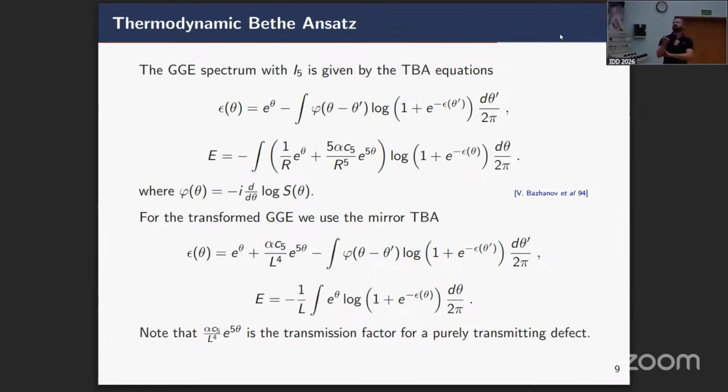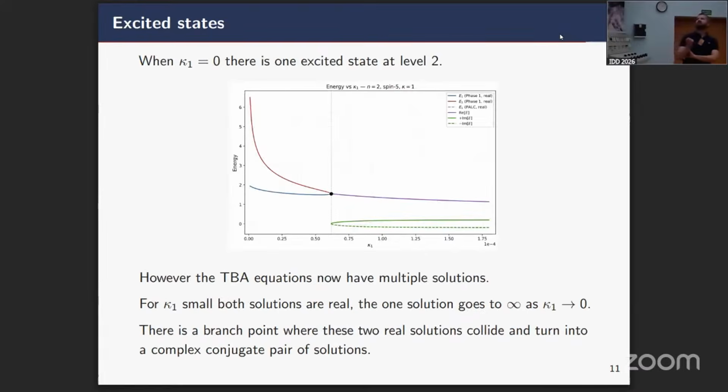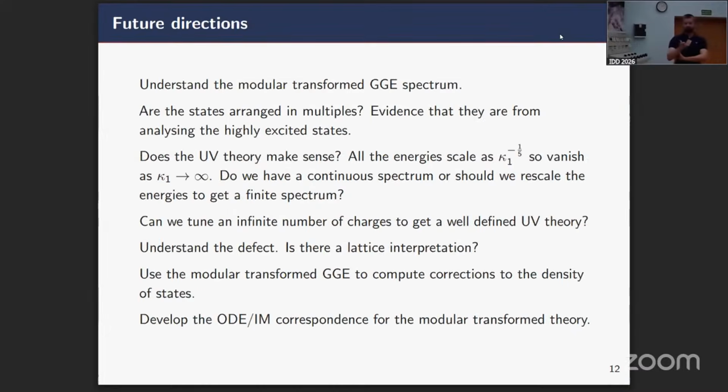So if I just keep this modified driving term, but start to put an e to the 3 theta, 5 theta, and so on, do these actually encode the eigenvalues of conserved quantities in this transformed theory? If they do, then can these higher conserved charges for the transformed GGE be encoded in an ODE/IM correspondence like the ones that were discussed yesterday? With that, I'll end there, and thank you for listening.